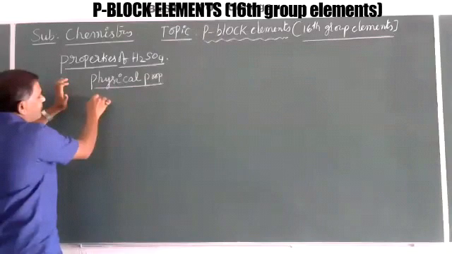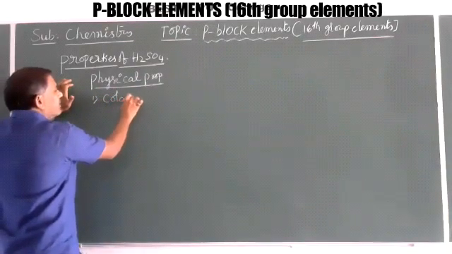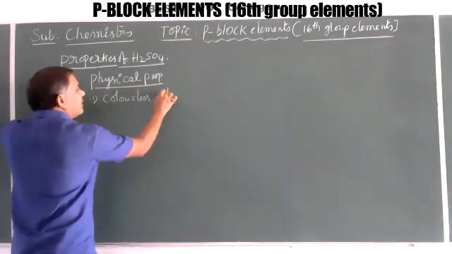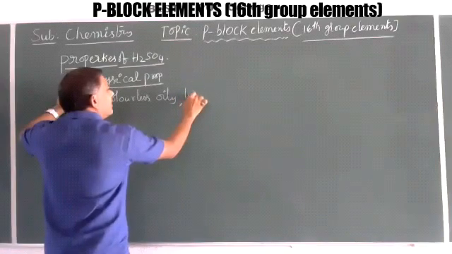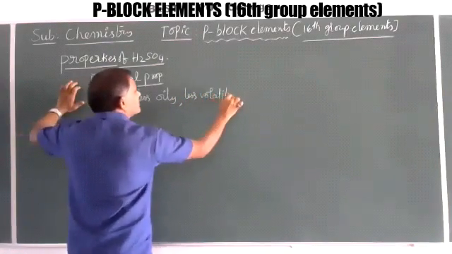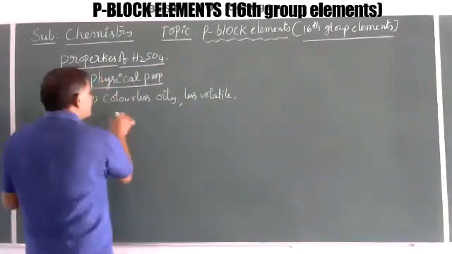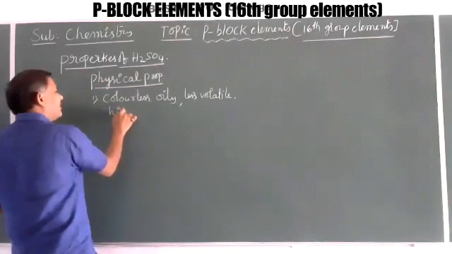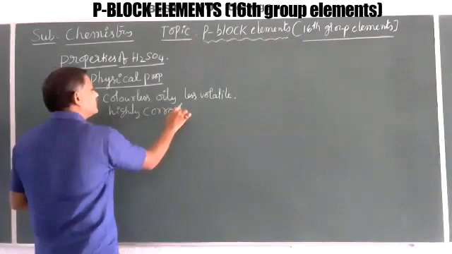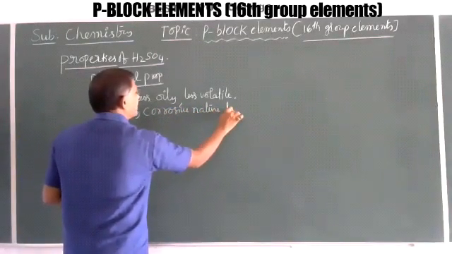Now here, sulfuric acid is generally colorless, oily, less volatile, highly corrosive liquid. Less volatile and highly corrosive nature liquid. This is.